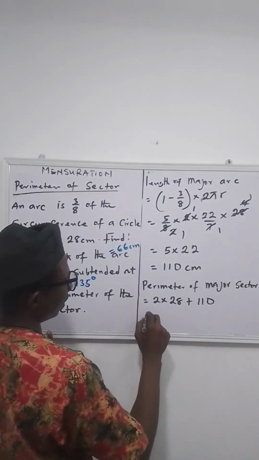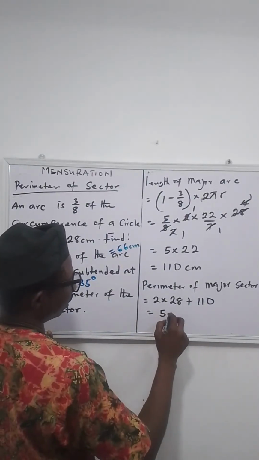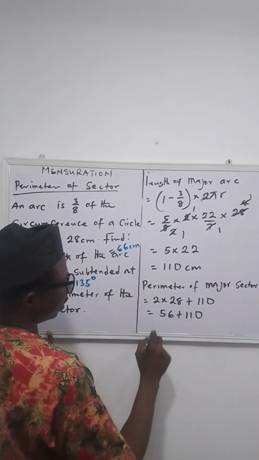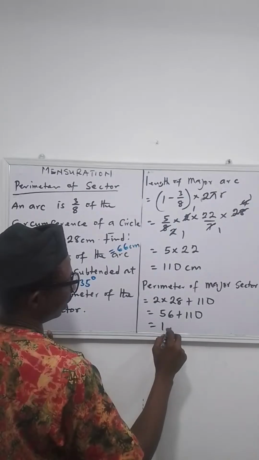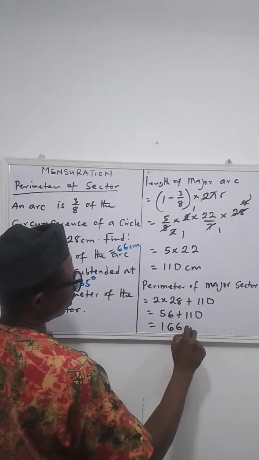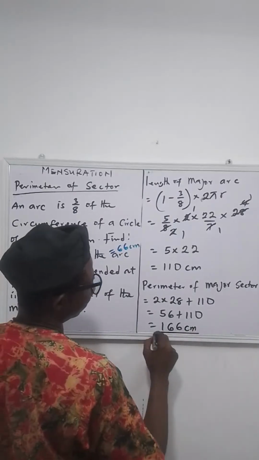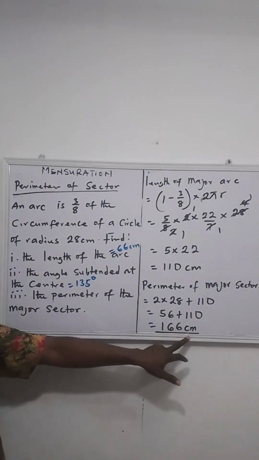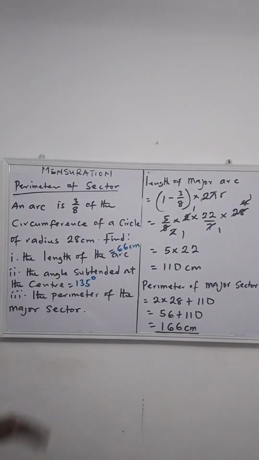So that is going to give you 56 plus 110, and that gives you 166 centimeters. So that is what we have for the perimeter of the major sector.